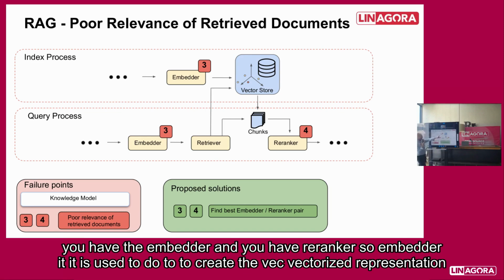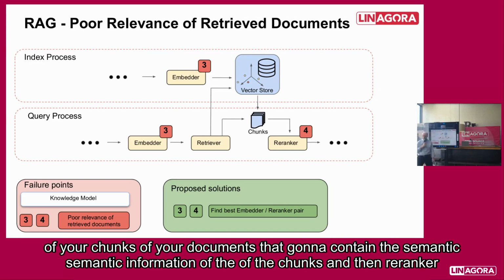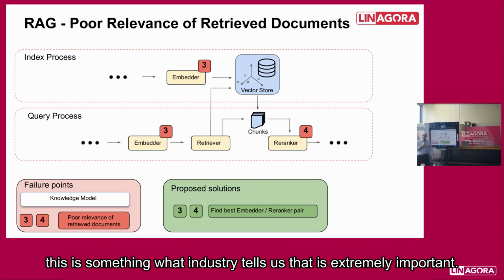So the embedder is used to create the vectorized representation of your chunks, of your documents, that is gonna contain the semantic information of the chunks. And then the re-ranker, this is something that industry tells us is extremely important.